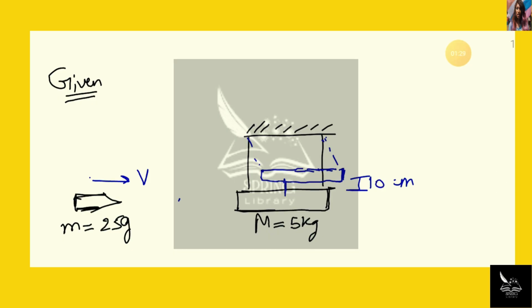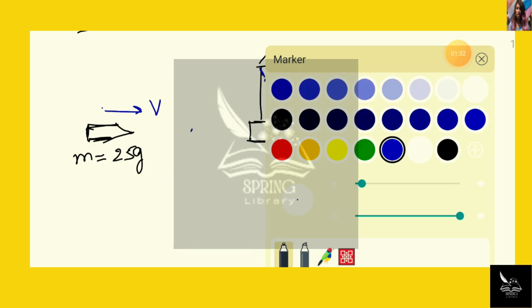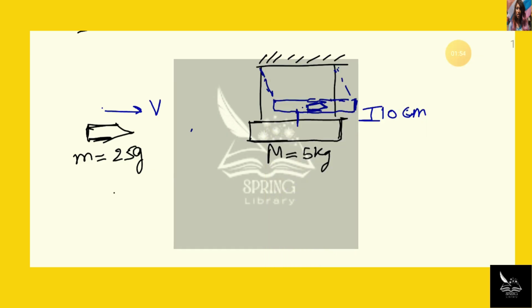And one more thing is happening: the bullet is embedded in it, that means the bullet also sticks with the ballistic pendulum. So after collision this is what happens. By using this data we have to find the speed of the bullet.